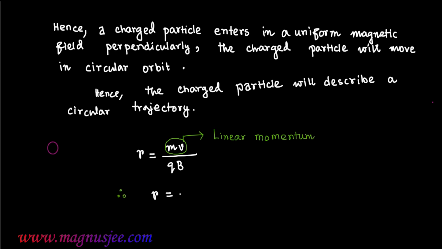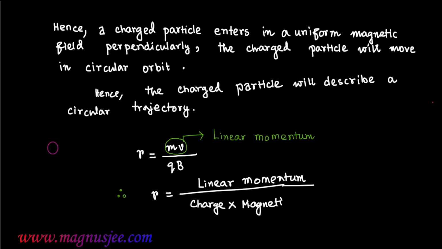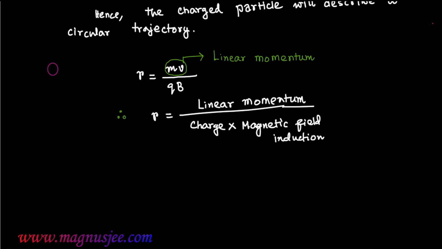Therefore, the radius of the circular orbit, that is r, equals linear momentum mv divided by charge into magnetic field induction. That is the expression of radius of the circular orbit described by the charged particle.